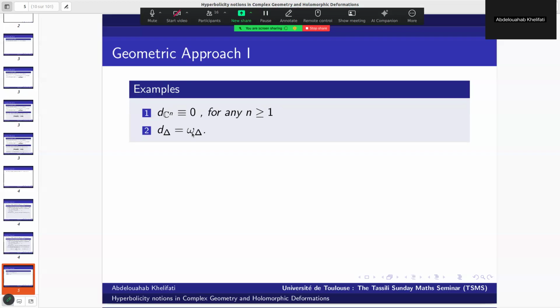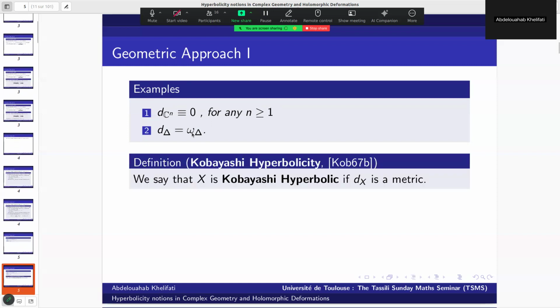Okay, so this leads to the following definition. What we call Kobayashi hyperbolic is a manifold in which the Kobayashi pseudo distance is a genuine metric, or a distance.